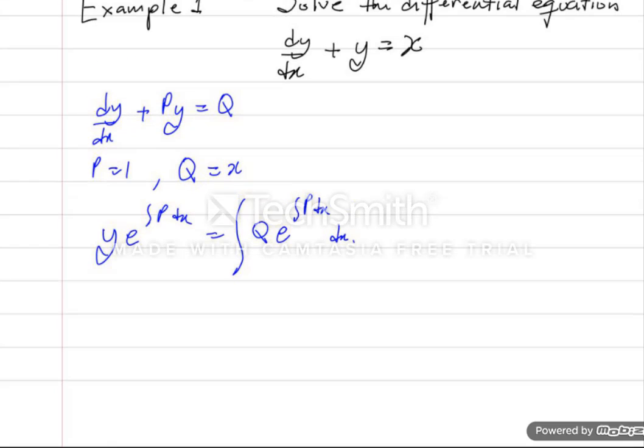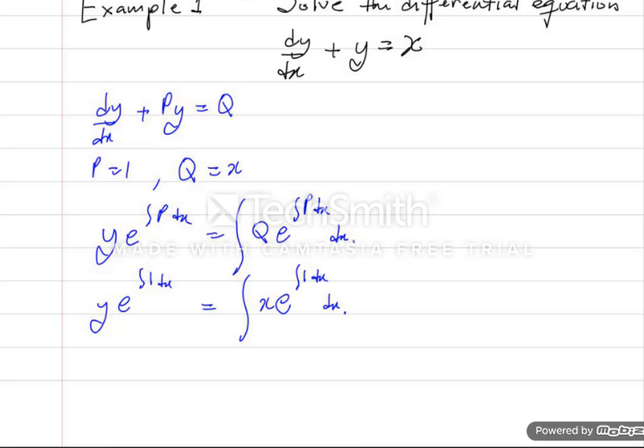So this becomes y e to the integral of p, which is 1, dx, is equal to the integral of x e to the integral of 1 dx. We're good so far?